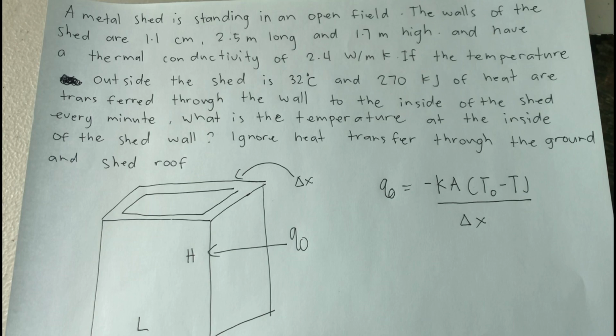We're given the dimensions of the shed and we're told to ignore the ground and the roof. So we have heat being transferred through four walls. Those walls have a length and a height, and that's the surface area the heat is being transferred through. So our area equation ends up looking like this.